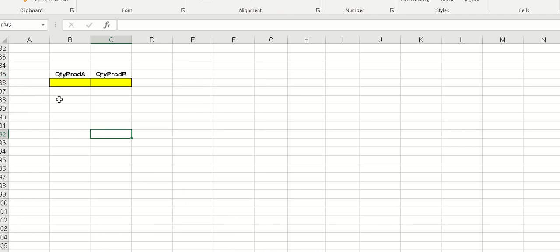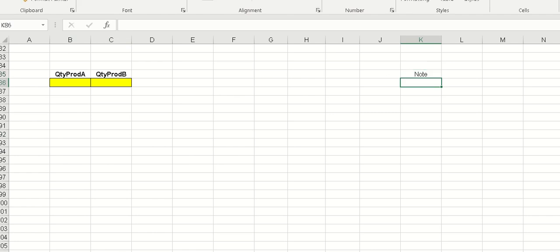Furthermore, those are the required decisions. So that's B86 and C86. Let me write down, just to help our memory here, the cells.